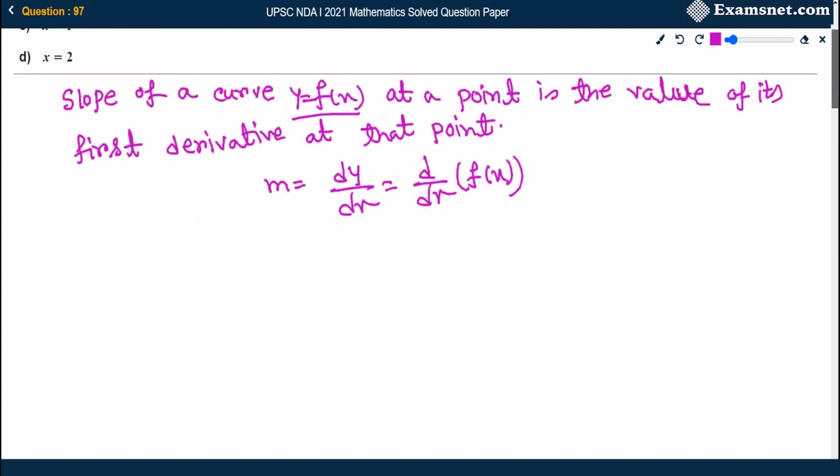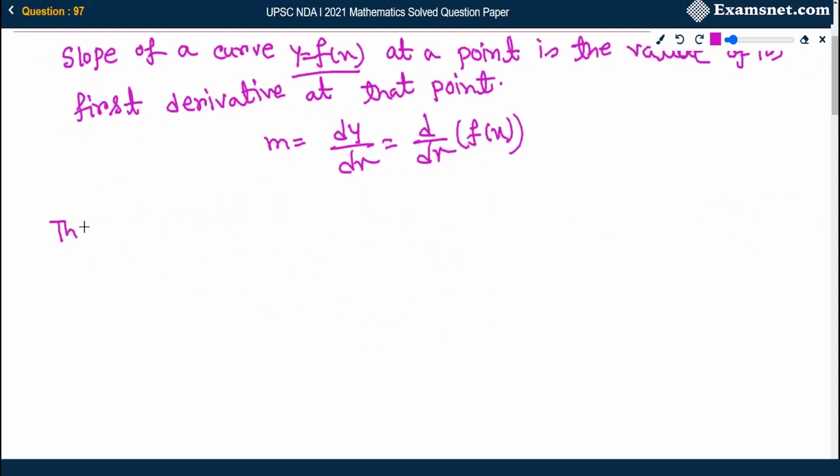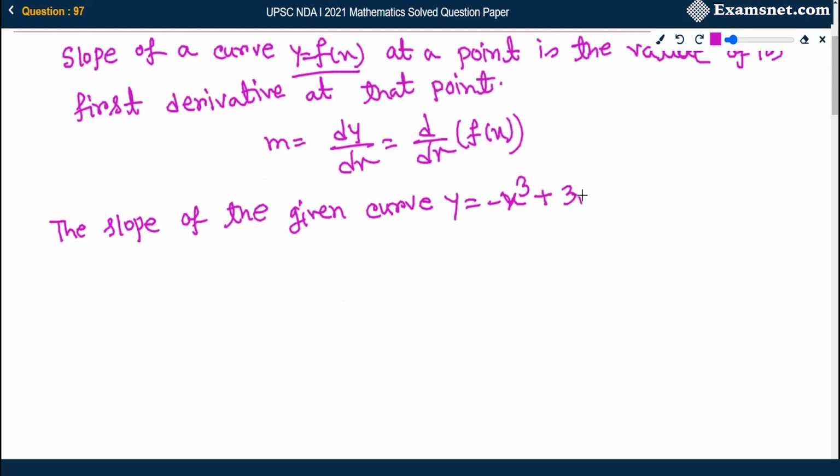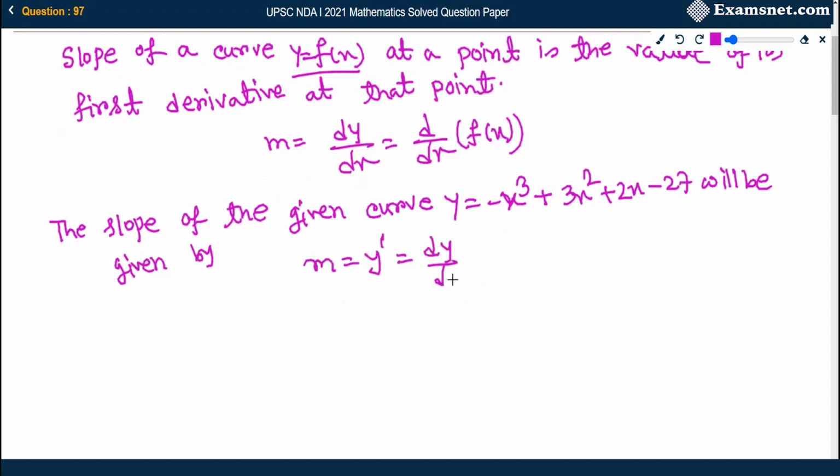So here the slope of the given curve y equals minus x cube plus 3x square plus 2x minus 27 will be given by m equals y dash, that means dy dx, or we can write d/dx of minus x cube plus 3x square plus 2x minus 27.